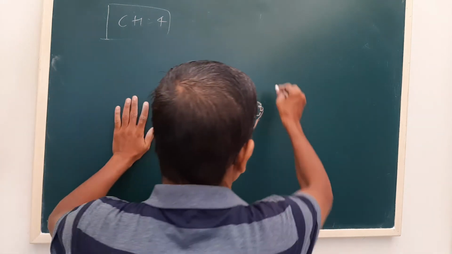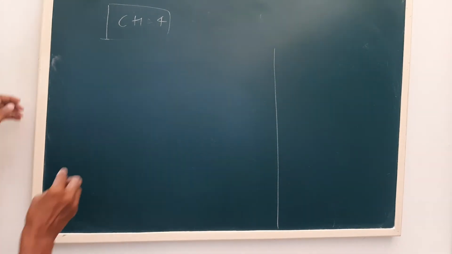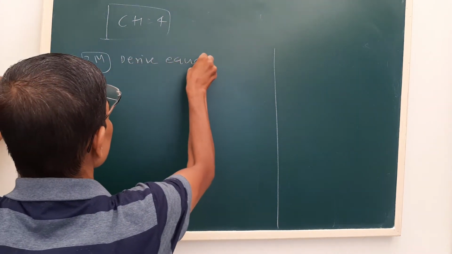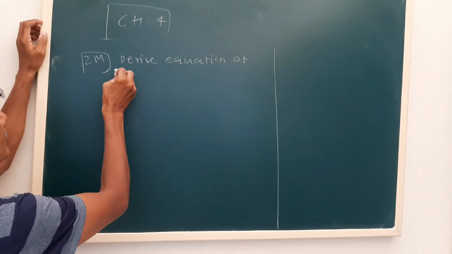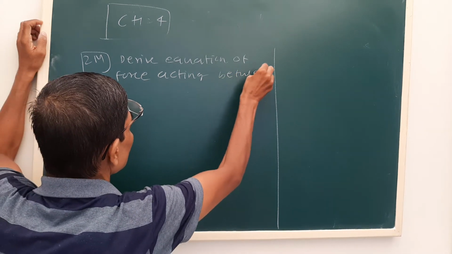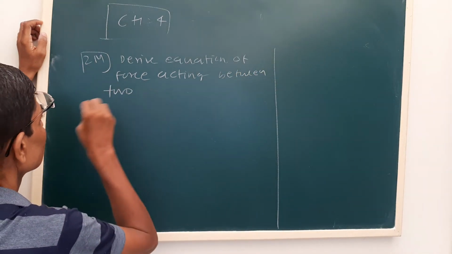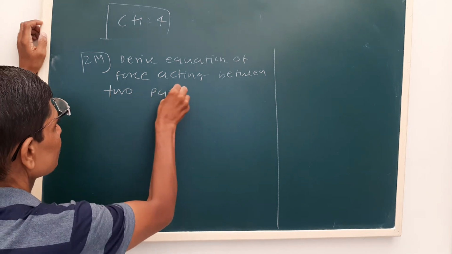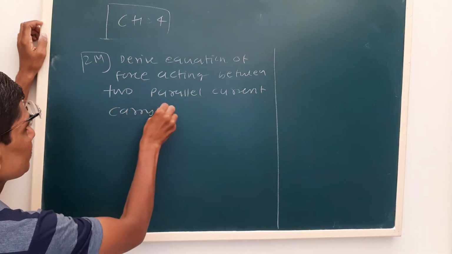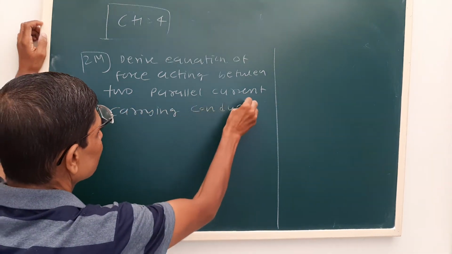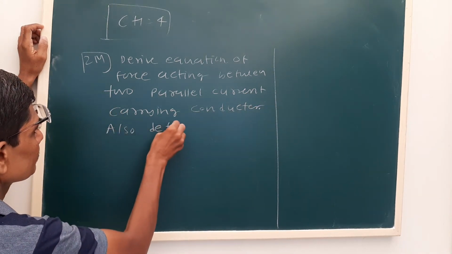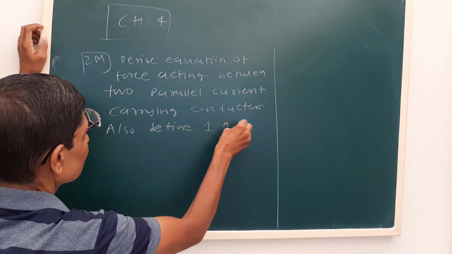This is how we have to proceed. So this can be asked in a 2-mark question: derive the equation of force acting between two parallel current carrying conductors, and also define one ampere current.